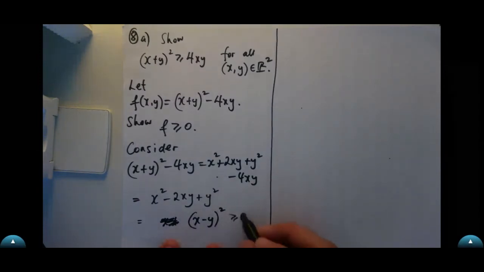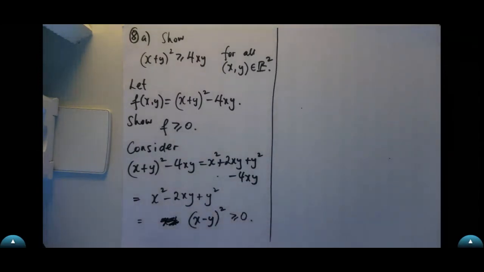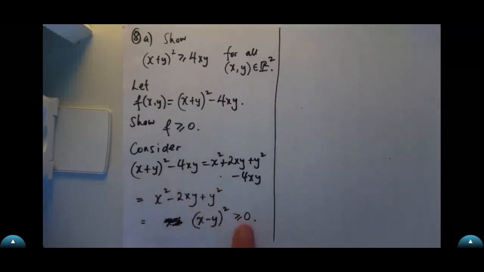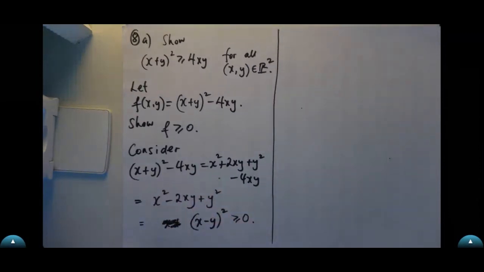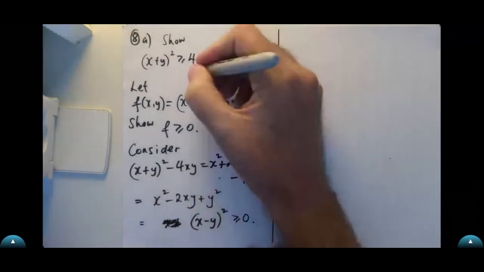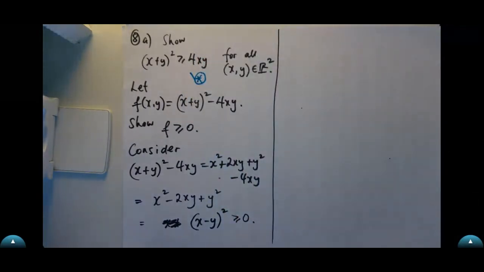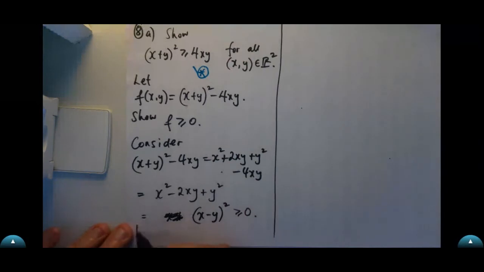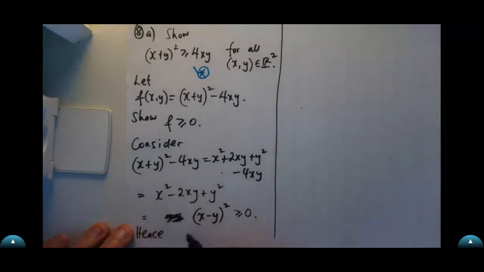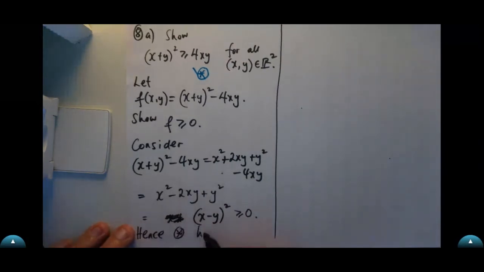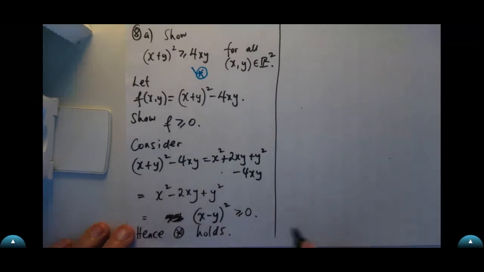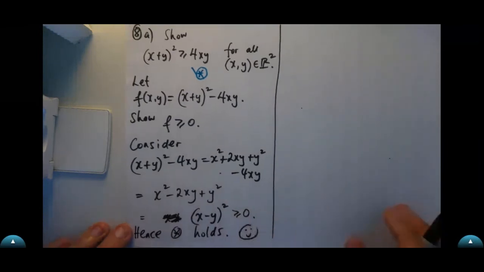It's got to be greater than or equal to 0. When we square something, we can't return a negative value. So we have an inequality here, and this is obviously greater than or equal to 0. So we can make a nice conclusion there that star holds. Okay, we're pretty happy.